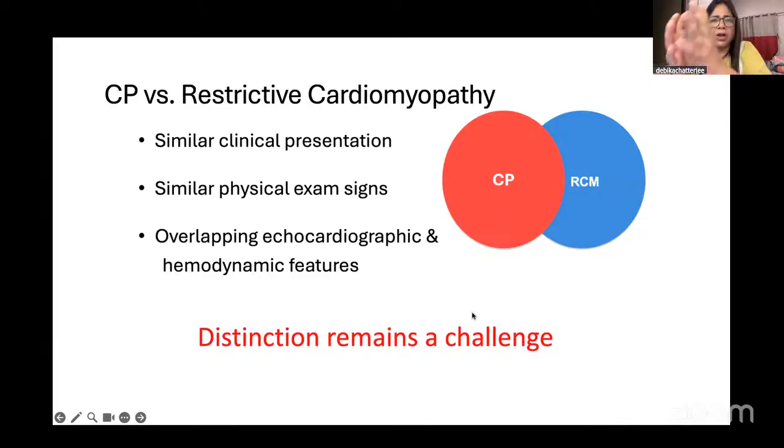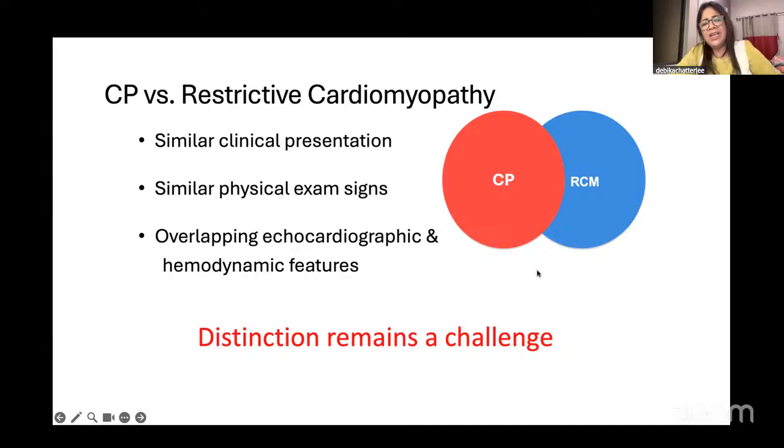Now, when I talk about constrictive pericarditis, it is essential to say something about the difference between constrictive pericarditis and restrictive cardiomyopathy, because they have similar clinical presentation, similar physical examination signs, and most importantly, too much overlapping of echocardiographic and hemodynamic features.